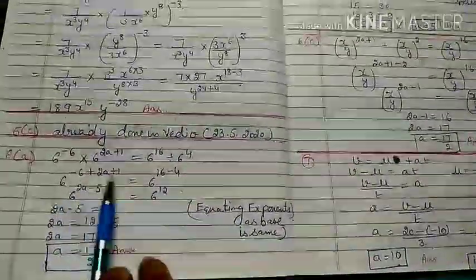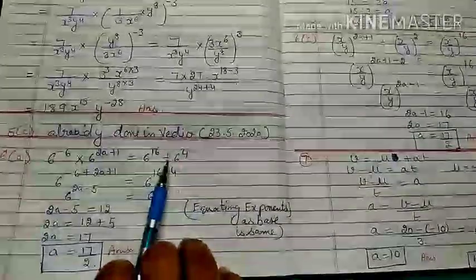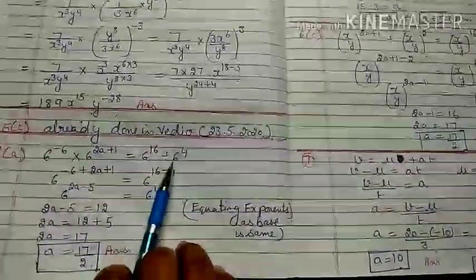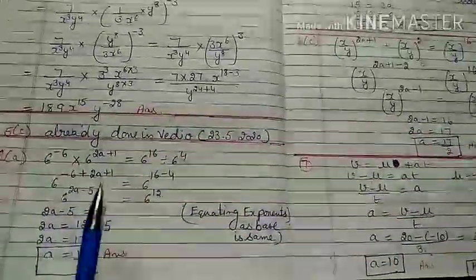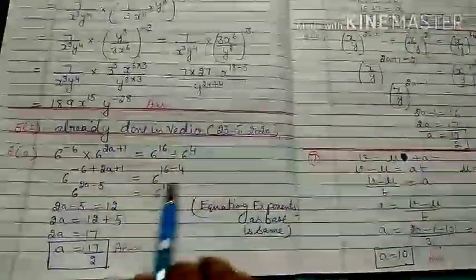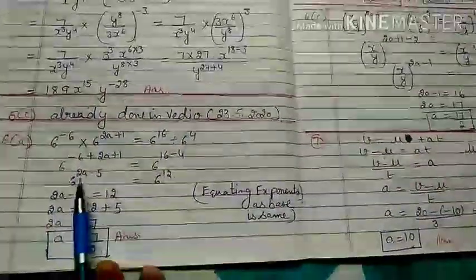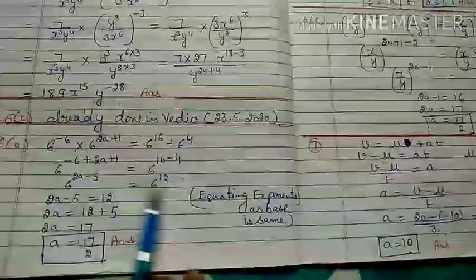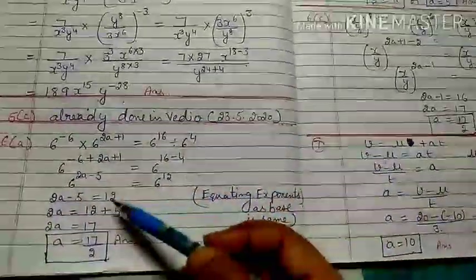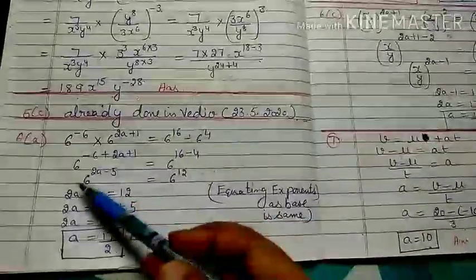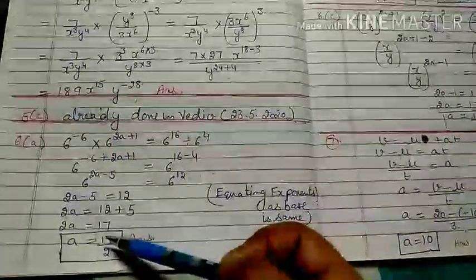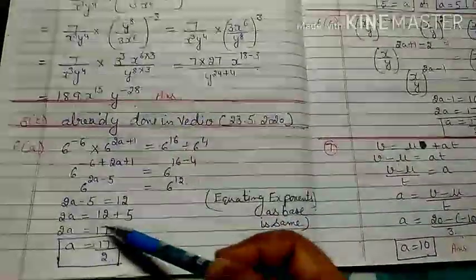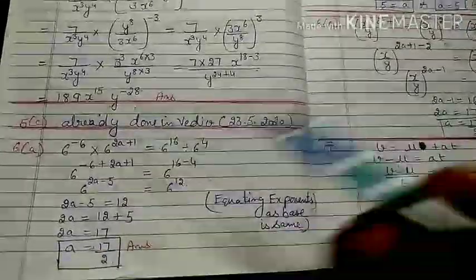So here minus 6 plus 2a plus 1, and here also in the divide sign, if bases are same, division sign is there, so power will be subtracted. 16 minus 4 gives me 12. So if there is only a single term on the left side and a single term on the right side, and base is same, we ignore the base, just equate the powers with each other. 2a minus 5 is equal to 12. So 2a is equal to 12 plus 5 gives me 17. My required a value is 17 by 2.